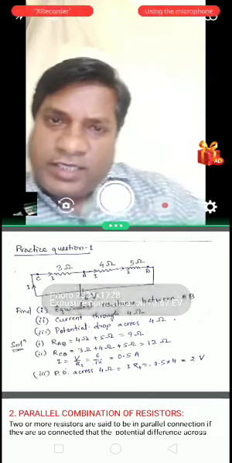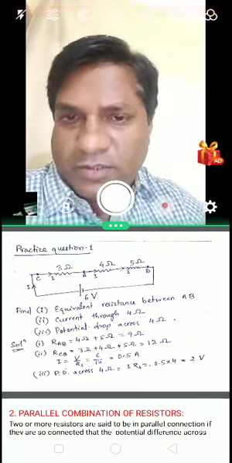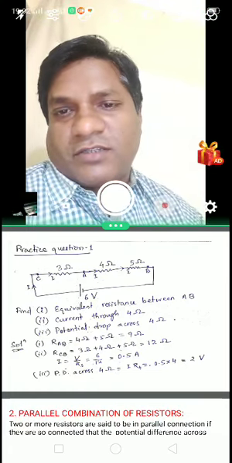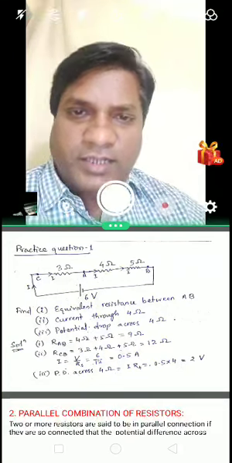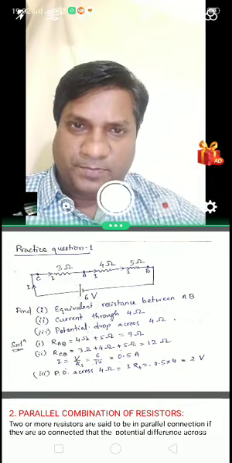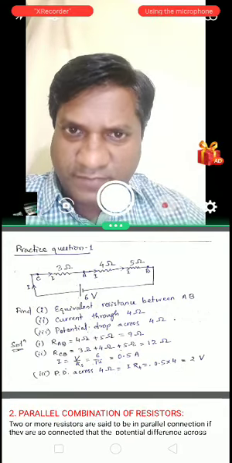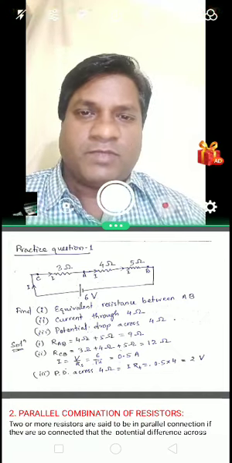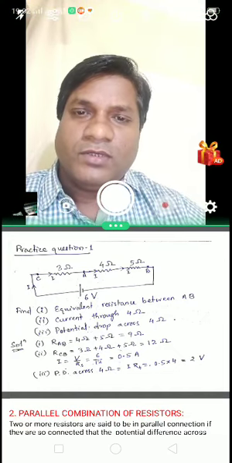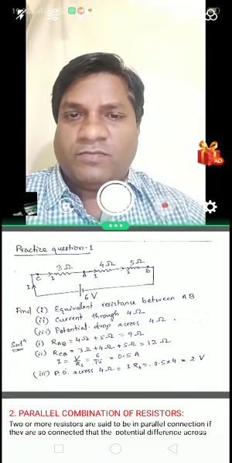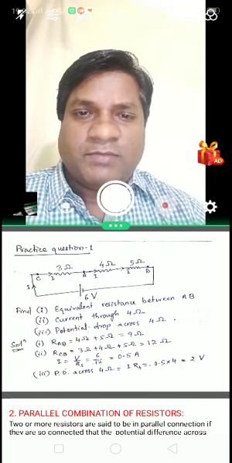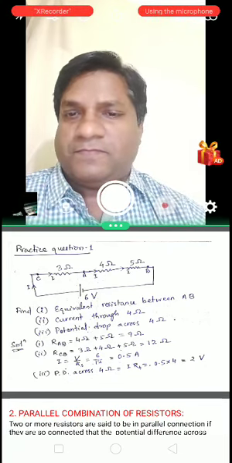Now let's see a numerical problem associated with the series combination of resistors. Here we have three resistors connected in series: a 3 ohm resistor, a 4 ohm resistor and a 5 ohm resistor. C and A are the endpoints of the 3 ohm resistor, and A and B are the endpoints of the 4 ohm and 5 ohm resistors.